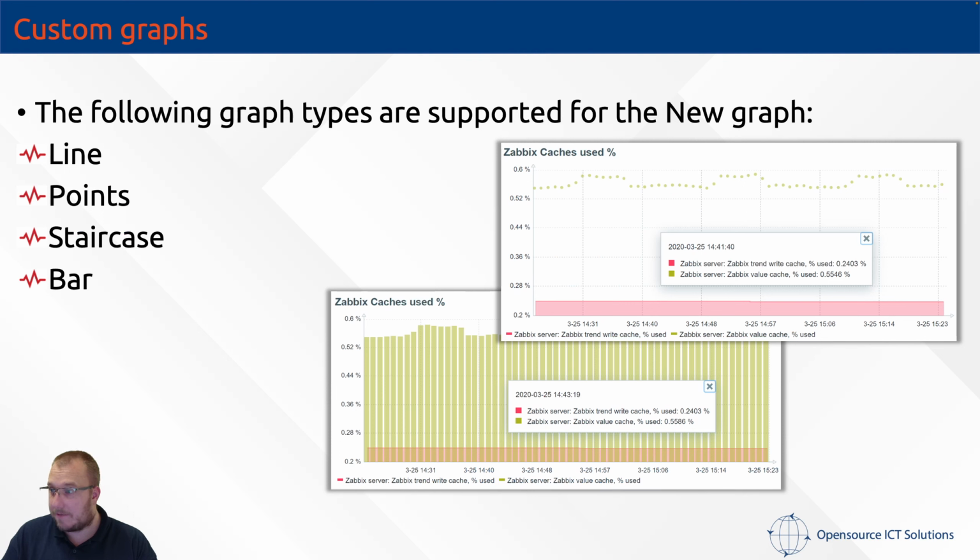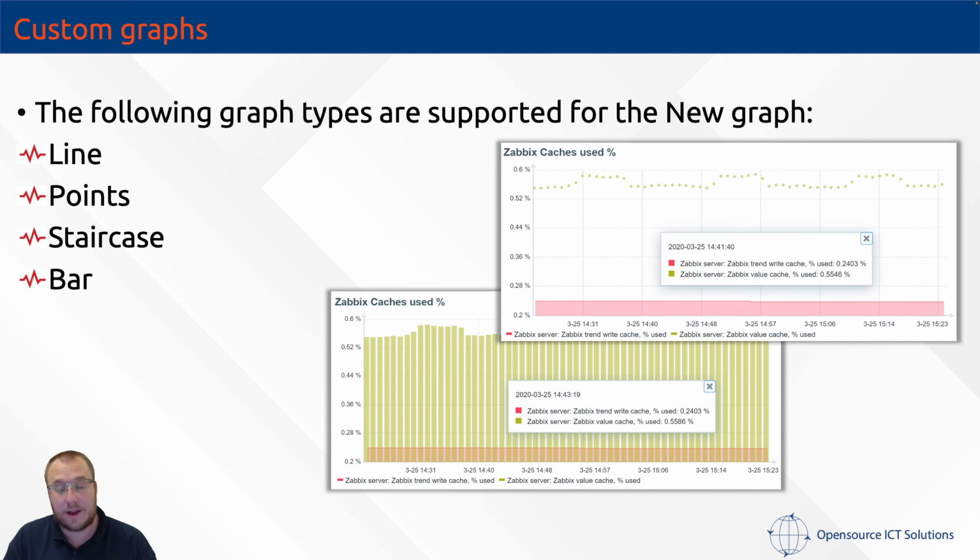So various presentations, as already mentioned, we can show bars, we can show lines, we can show staircases or points or whatever you want. And this one is extremely flexible.